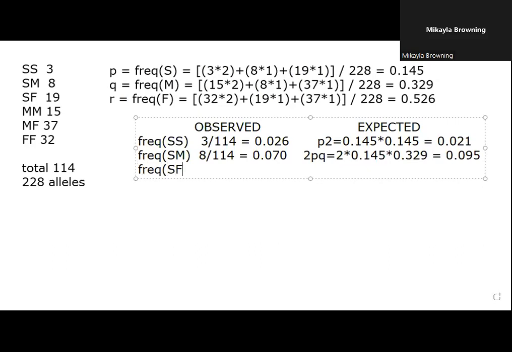Frequency of the SF, our observed is 19 divided by 114, 0.166.